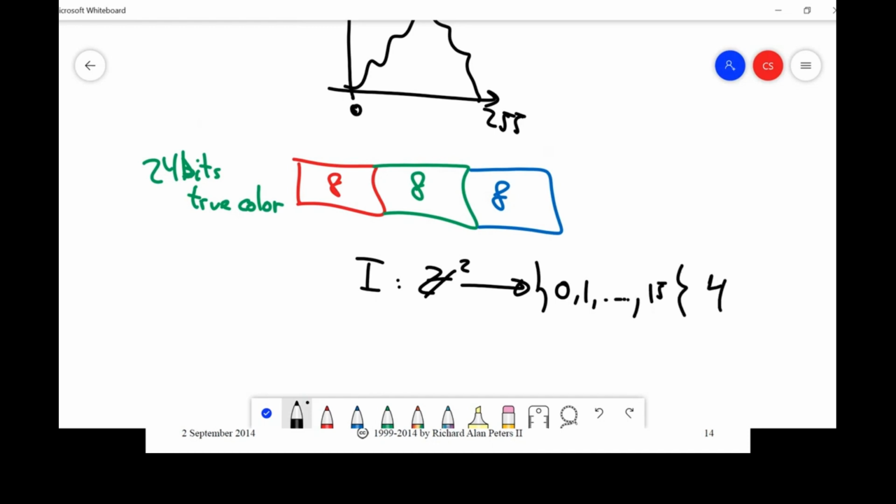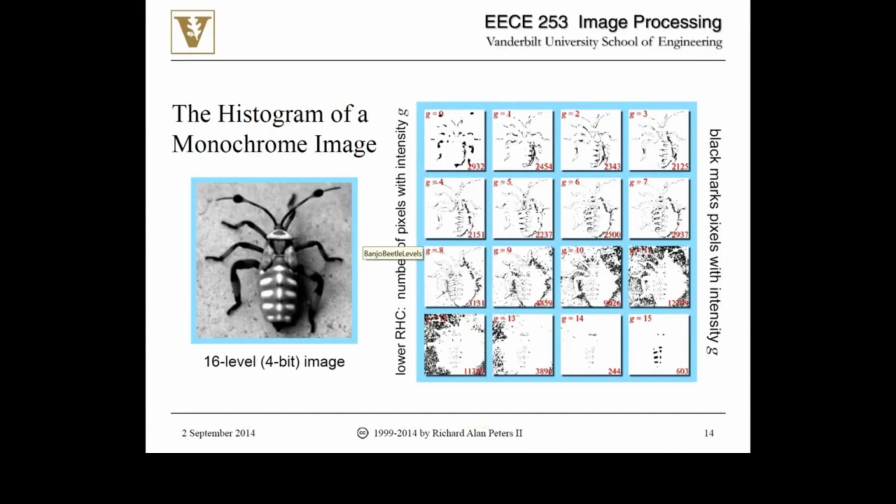This is 4 bits, and this number is 2 to the 4 minus 1. So let's map our image to something that has only 16 colors.